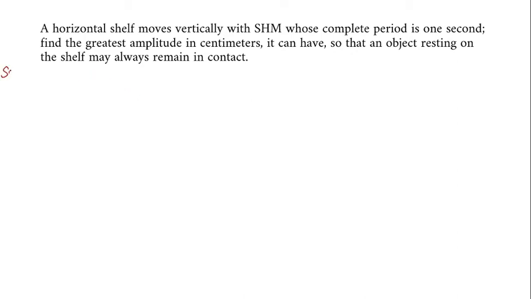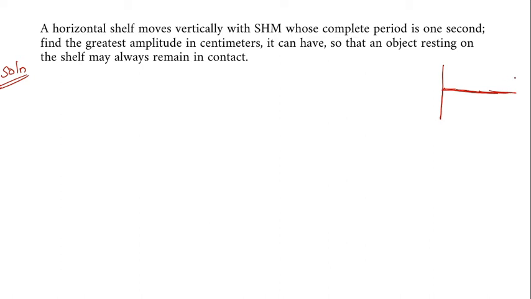Solution. Before the solution, we'll just draw a diagram which represents the situation. So this is a shelf, okay. It is a horizontal shelf and we consider that there is an object.